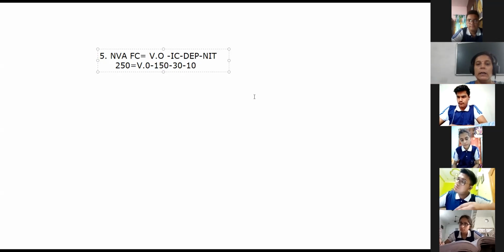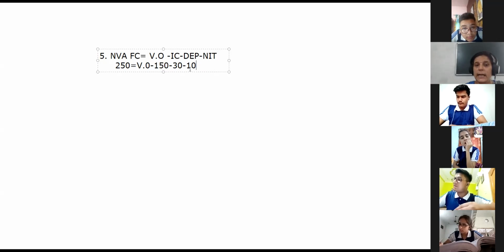This area we will solve. 150 minus 40 will be 110. This 110 will be in the, sorry, 150 plus 30 plus 10, this is 190. ठीक है Dhruv?